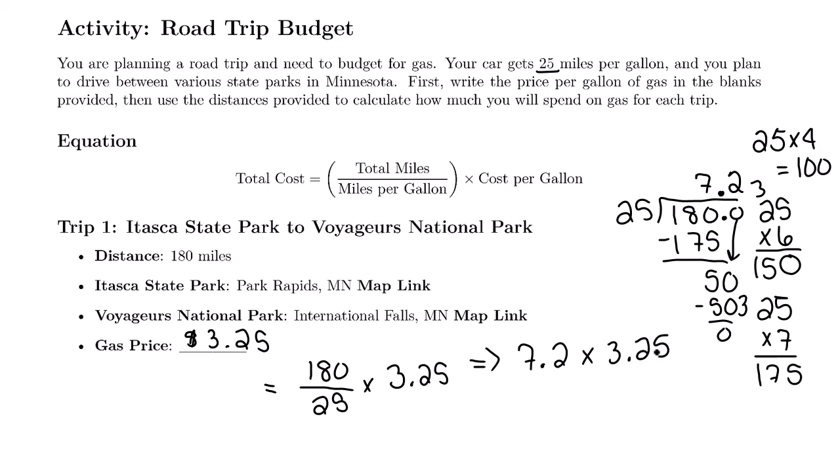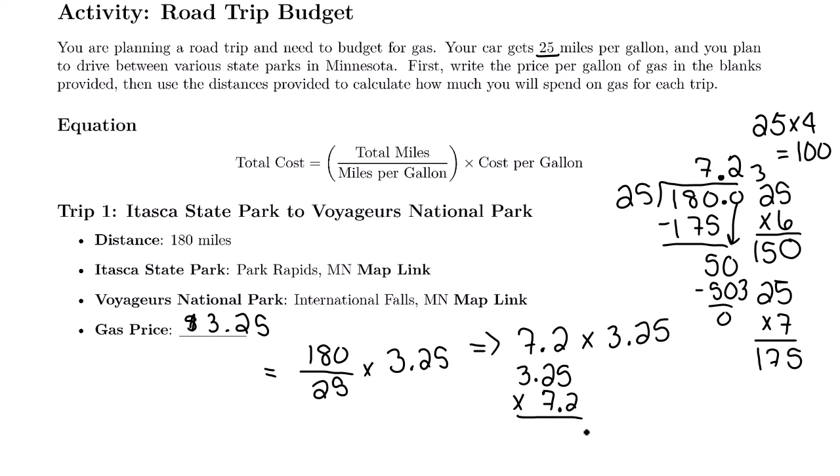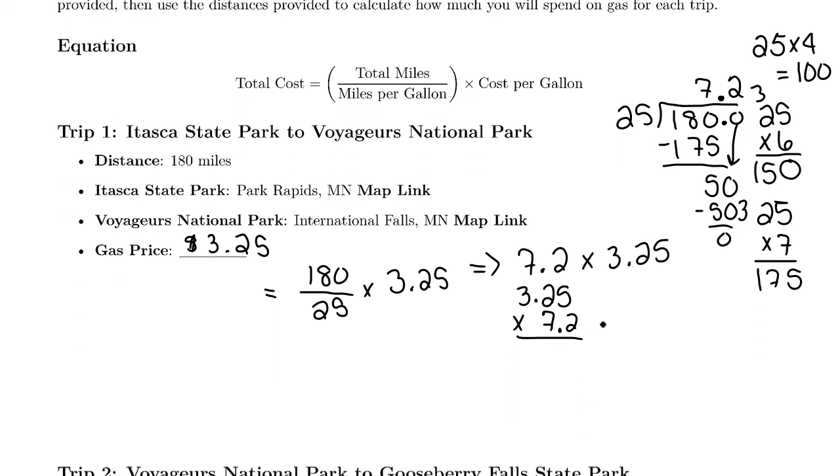Now let's rewrite that. I think I have enough room here to do all of our multiplication. Times 7.2. I'm going to have to bring my picture down just a little bit. Now we're multiplying, so we don't have to line up our decimals.